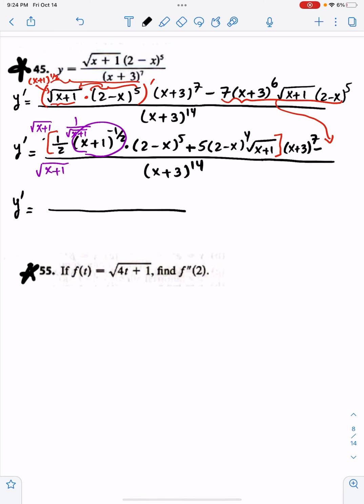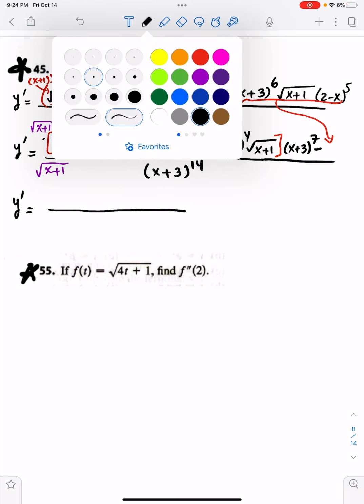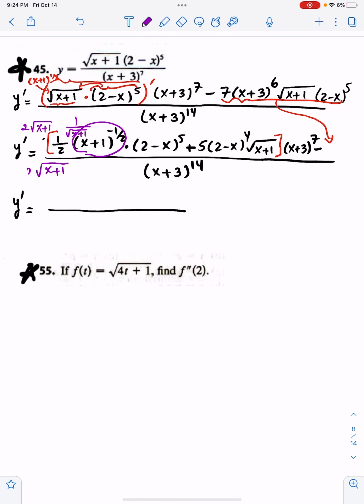If you want to get rid of 1/2, which also is going to be nice, then we can multiply top and bottom by 2 radical x plus 1. That would be even nicer. So when we are multiplying, 1/2 and 2 cancel, and then radical and 1 over radical cancel. So what remains on the first one after cancellation is just (2 minus x) to power 5.